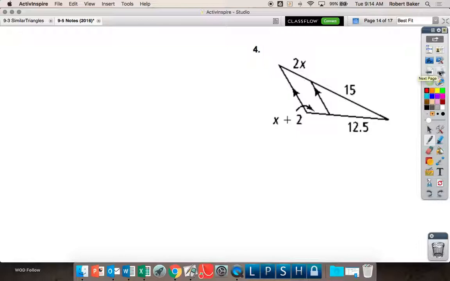This is also the side-splitter theorem. What are your proportions? 2x over 15 is one proportion.